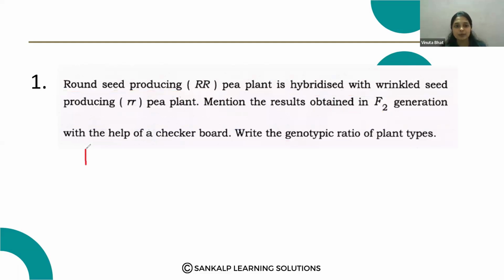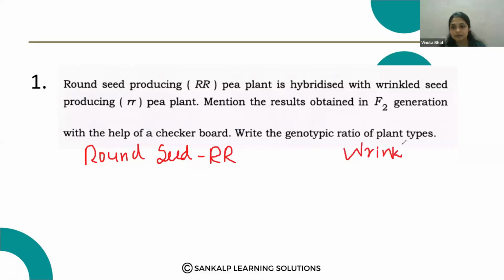Round seed producing plants are pure breeding, capital R, and wrinkled seed is small r.